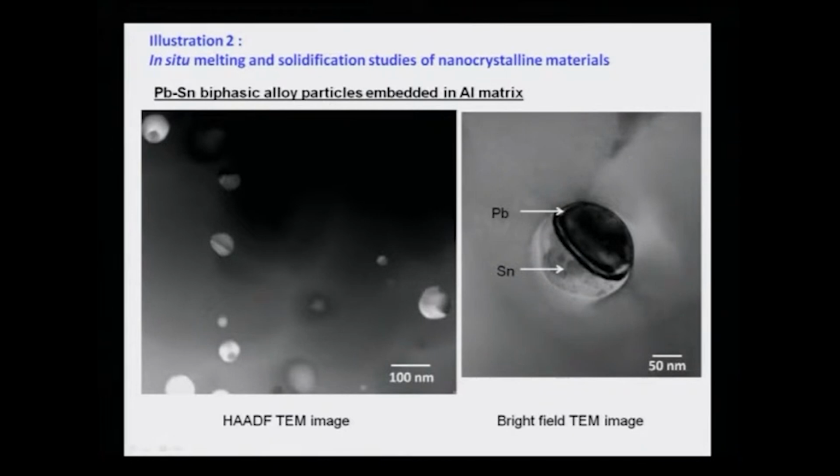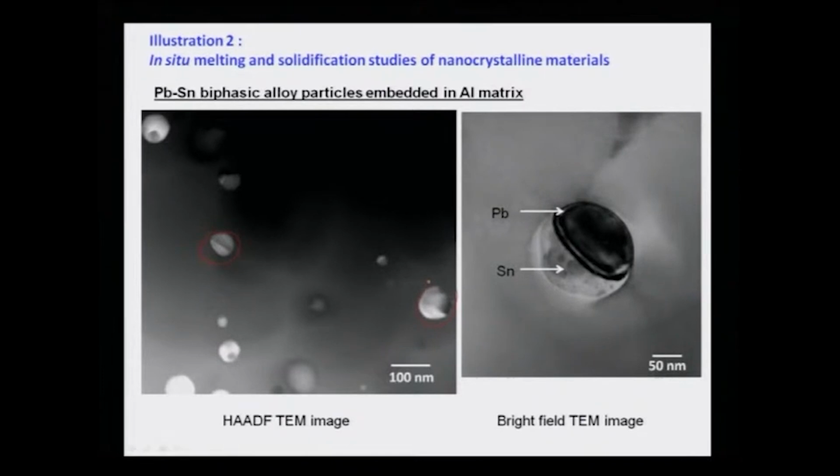As you see, there are a large number of nanoparticles present in this specimen, embedded in an aluminum matrix. These nanoparticles are lead-tin eutectic alloys, and as you can clearly see in a high angle annular dark field TEM image, these particles show distinct two-phase contrast.